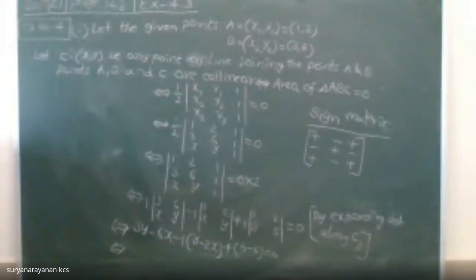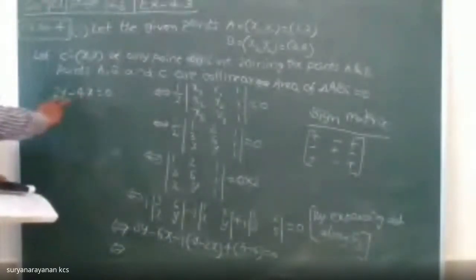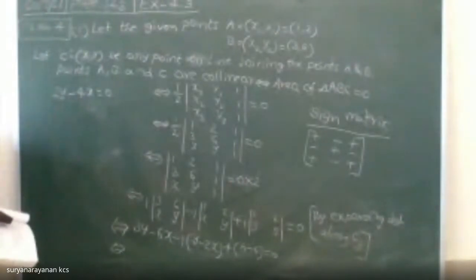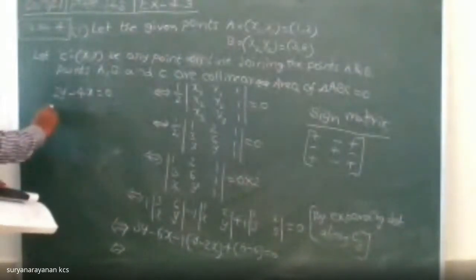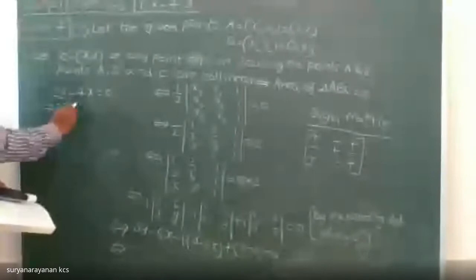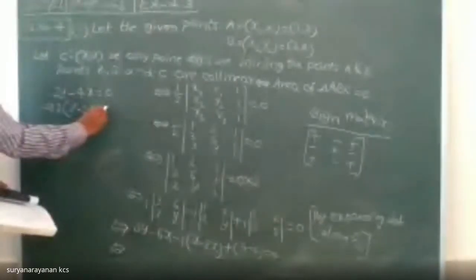No, once again check. 2y, what you said? Sir, 2y minus 4x is equal to 0, sir. Oh, okay. Now you have to simplify. Take the 2 as common factor. Then what do you get? Y minus 2x is equal to 0.